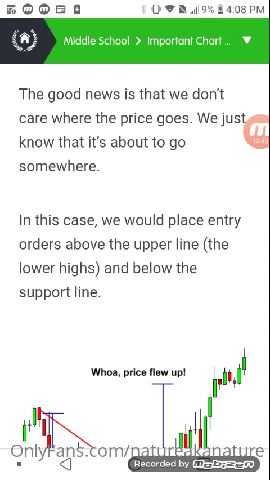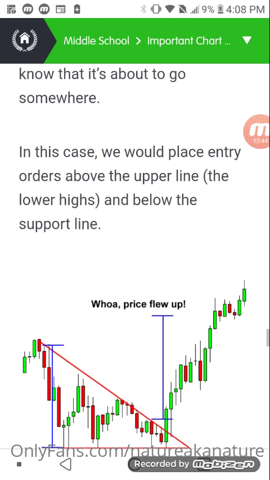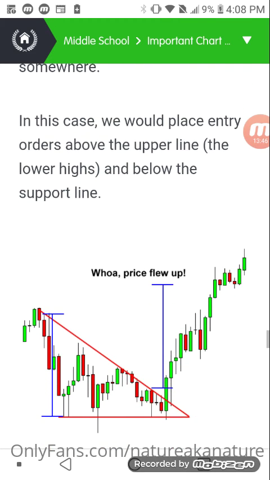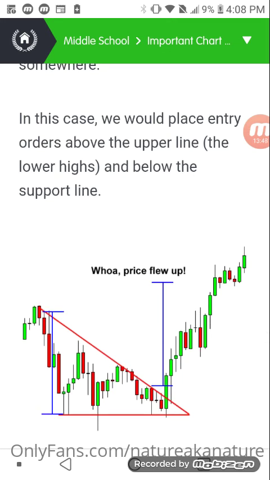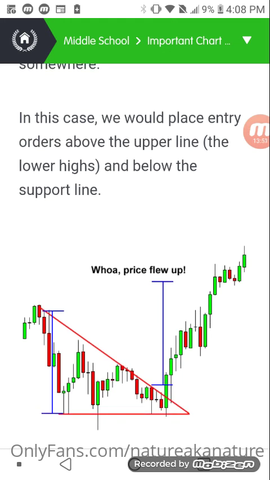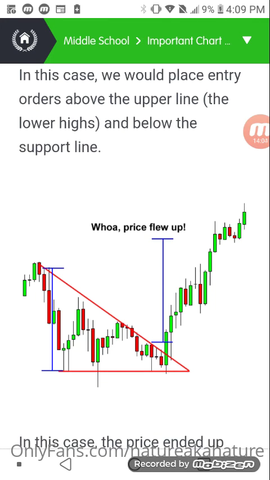In this case, we would place an entry order above the upper line of the lower highs, and we could place another one below the support line. That way, if price does break above the resistance line, we get in.